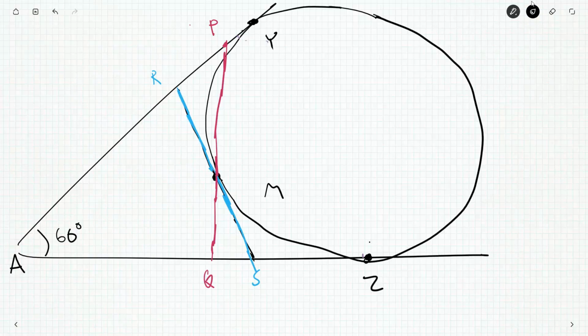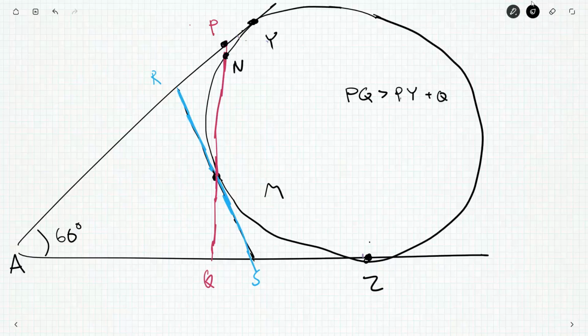Well, I think I'm going to show, okay, I can add in this point N. What I want to do is show that PQ is greater than PY plus QZ.